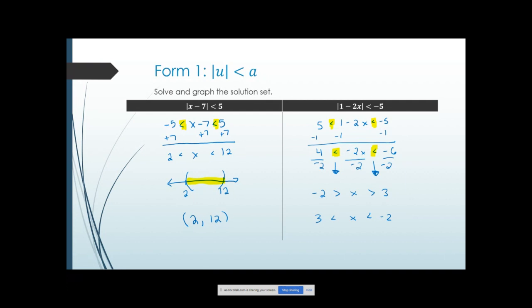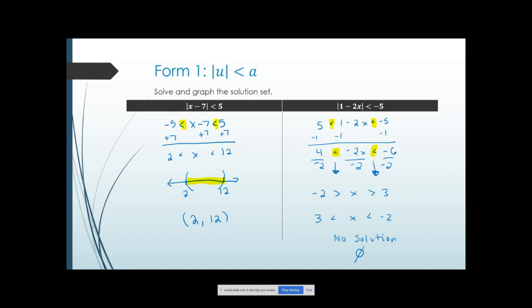That's the transitive property. So this is impossible. This means there is no solution, which we usually write with a 0 with a slash through it. That's why you should never write your zeros with a slash through it, because that means no solution as opposed to the number 0. There's a difference there.